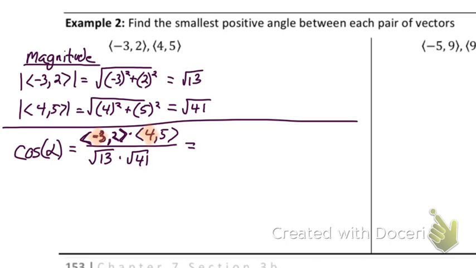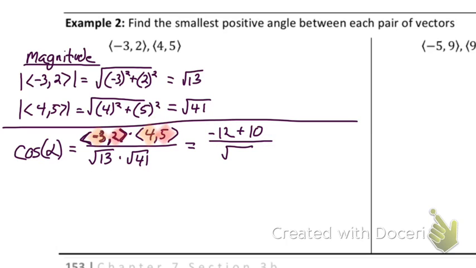Negative 3 times 4 is going to give me a negative 12. And then we're going to do that 2 times that 5, which is going to give you 10, so plus 10. And that's going to be all over square root of 533 or something.